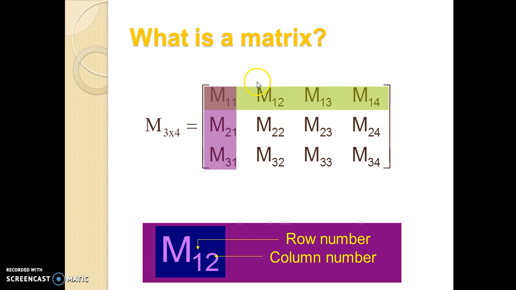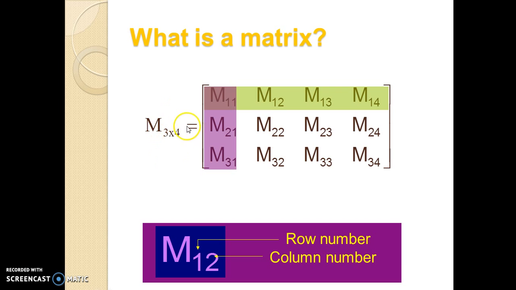And what is a matrix? In FEA, we use matrices. Before going to the solution, we first need to know what a matrix is. Here, the size of the matrix given is 3 into 4. What is meant by this 3 into 4?